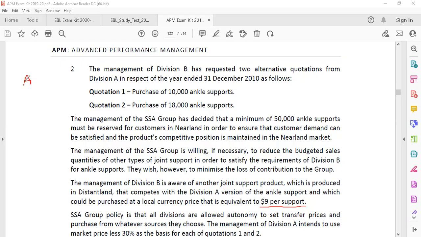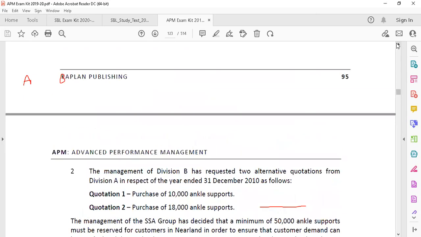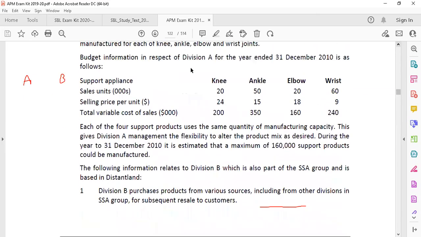So mainly we see that there are two divisions. Division A is the manufacturer. Division B requires these support products. Division A has taken up the manufacturing of 4 different types of joint support products. The total capacity is 160,000. As of now, are they operating at 100% capacity? 20 plus 50 is 70, 70 plus 20 is 90, 90 plus 60 is 150.